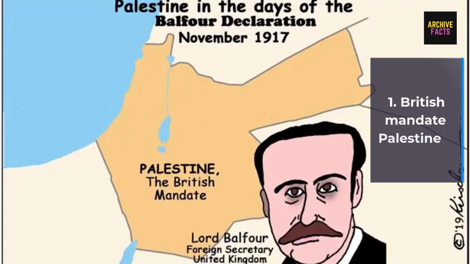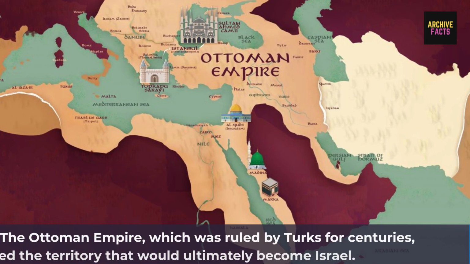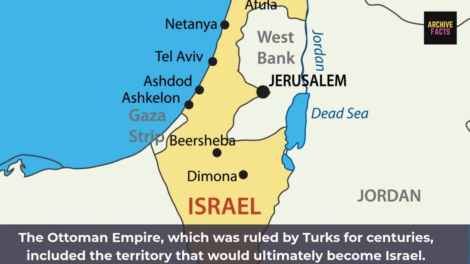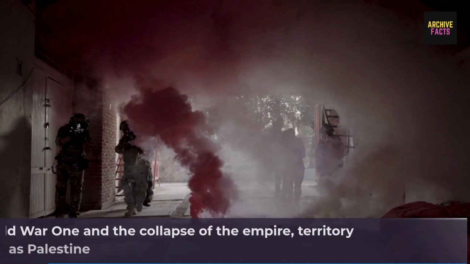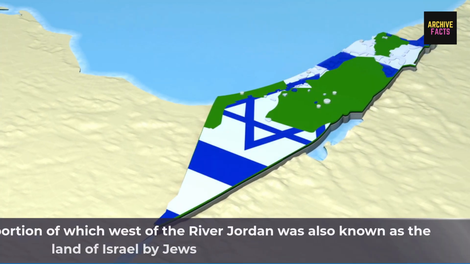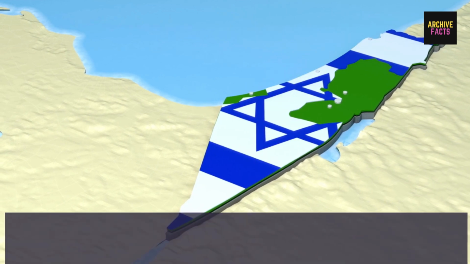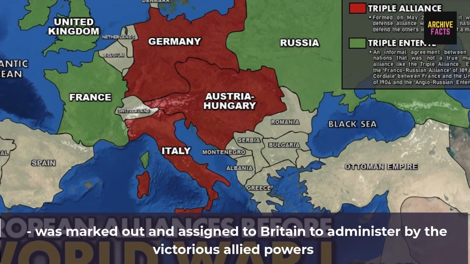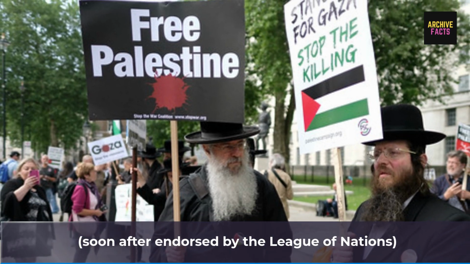1. British Mandate Palestine. The Ottoman Empire, which was ruled by Turks for centuries, included the territory that would ultimately become Israel. After World War I and the collapse of the empire, territory known as Palestine, the portion of which west of the River Jordan was also known as the Land of Israel by Jews, was marked out and assigned to Britain to administer by the victorious Allied powers, soon after endorsed by the League of Nations.